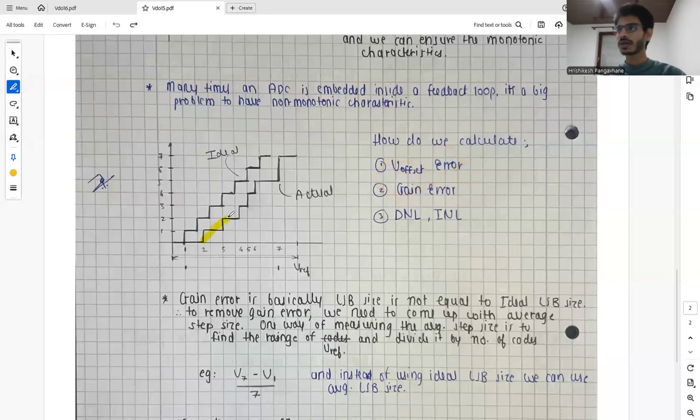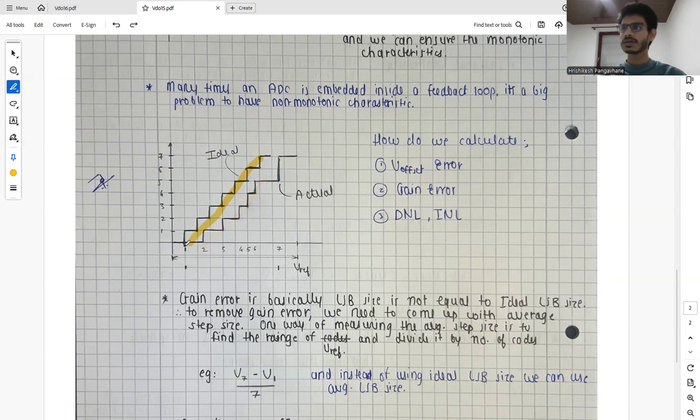Obviously, if we try to make a slope of this line, it will not be a straight line, but somehow we try to make it straight, a best fit for this staircase, and then check the difference between the main staircase and the original line we tried to fit into this staircase. And that's how we shift it to delta by 2.